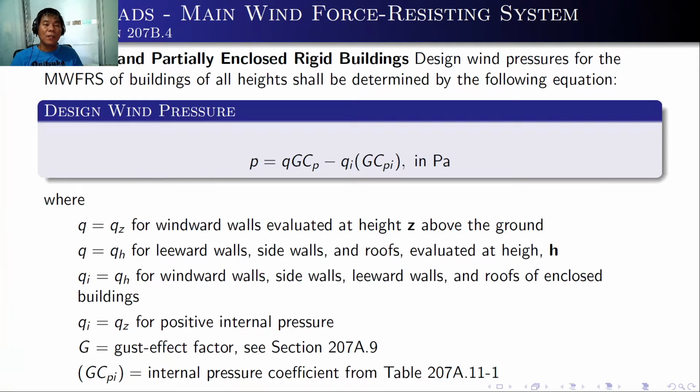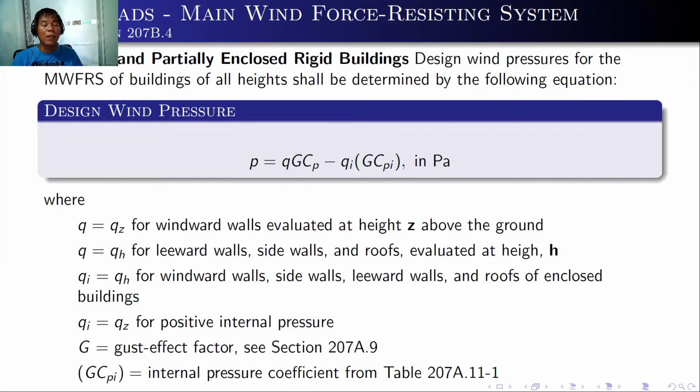Where the small q is qz for windward walls. Take note, this should be in windward walls evaluated at height z above the ground, meaning the height z is varying from the bottom zero to the height of the building, which is quite different from qh, because this is for leeward walls, side walls, and roof, which is evaluated only at the height h. qi is also equal to qh for windward walls, side walls, leeward walls, and roof of enclosed building.